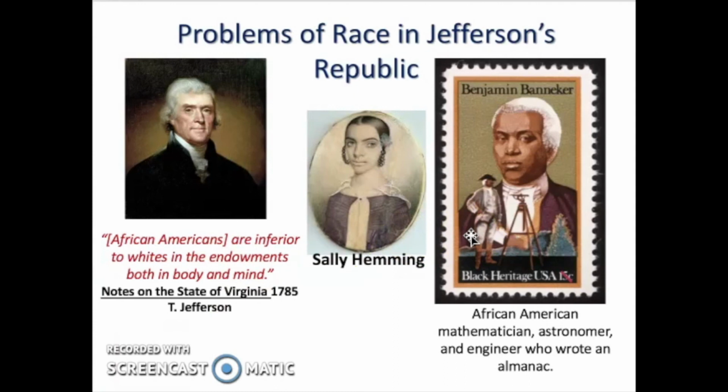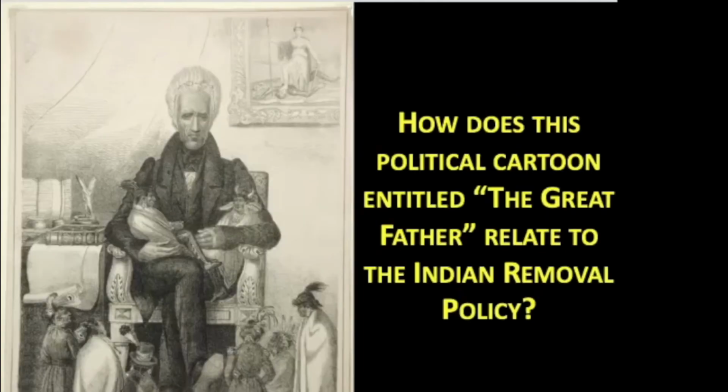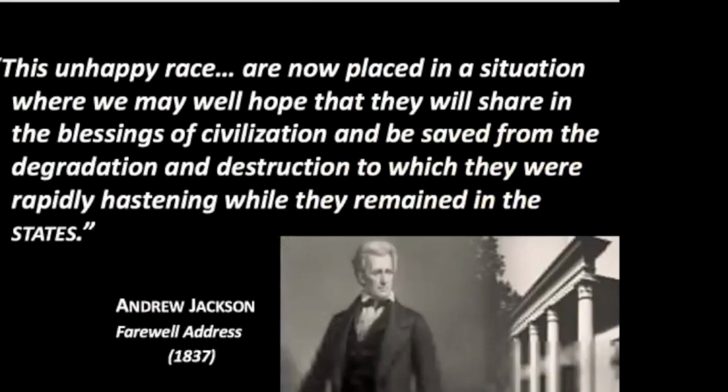He must have had help from a white person. At the same time, talking about Native Americans, himself and Andrew Jackson, talking about how they're the great father to these inferior, unhappy race. How do we reconcile and understand these individuals?